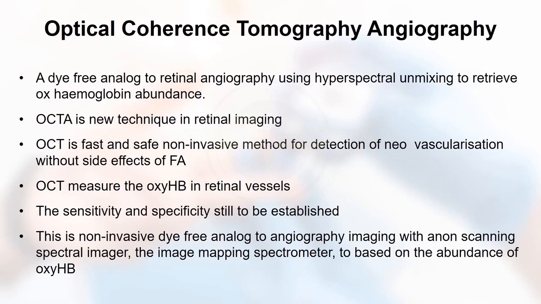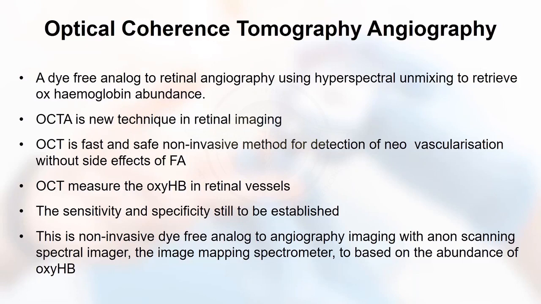Therefore, there is a newer device, optical coherence tomography angiography, now followed in some centers, a dye-free analog to retinal angiography using hyperspectral unmixing to retrieve oxyhemoglobin abundance. This oxyhemoglobin abundance is the key factor, and this is a new technique in retinal imaging.